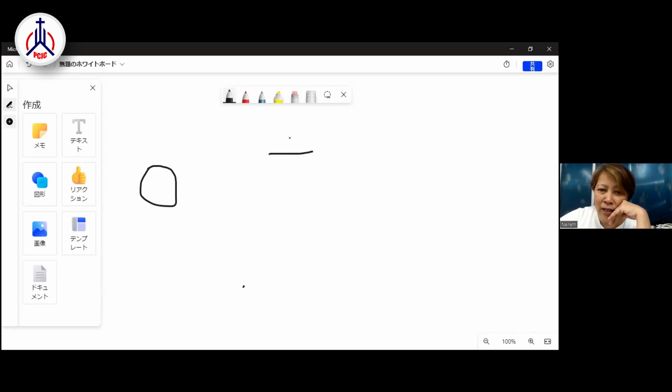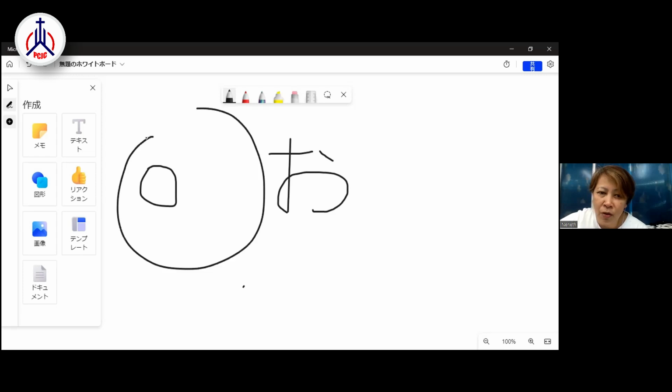One, a straight one. Then from here, it goes into a big one. O. Okay? Everybody get it? O.